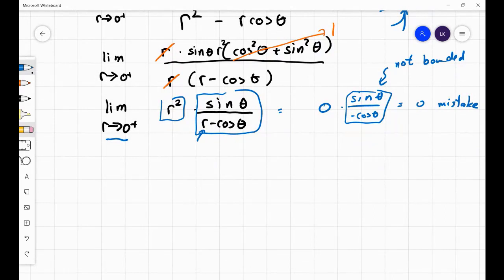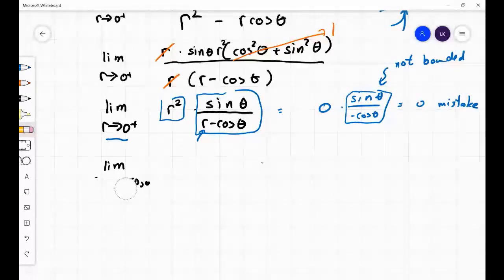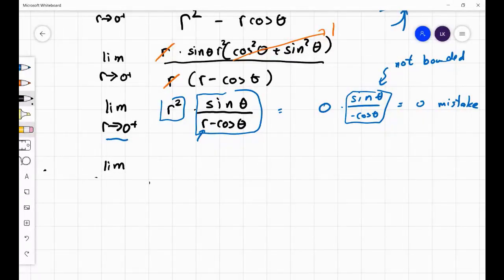In fact, what if we go back to rectangular coordinates and try to approach the origin along the line where x equals y squared? So let's do that. And this is going to be the last limit that I think we can do today. So I'm going to approach the origin along this parabolic curve where x equals y squared.